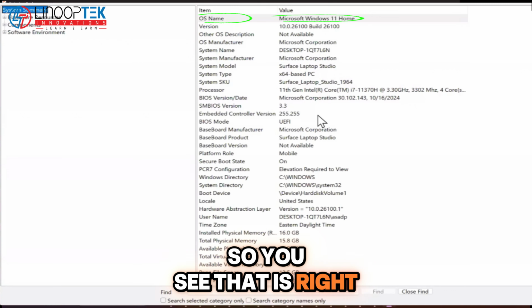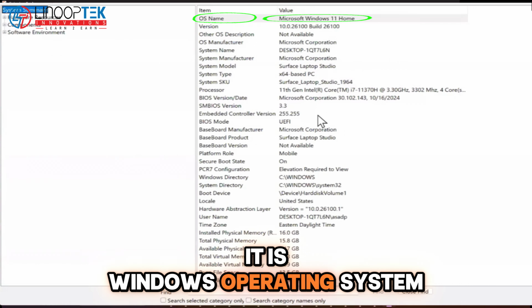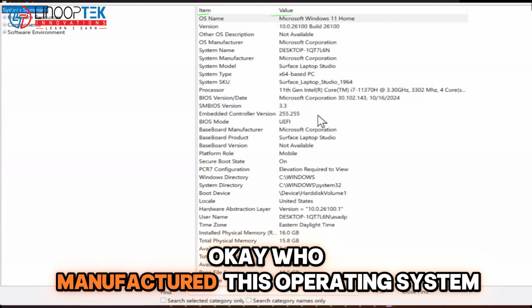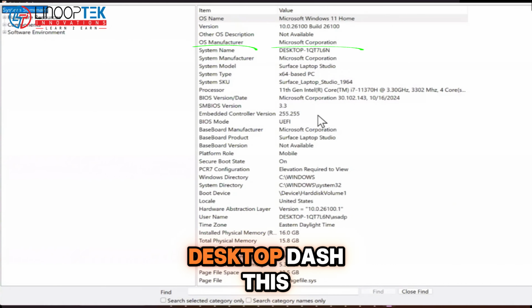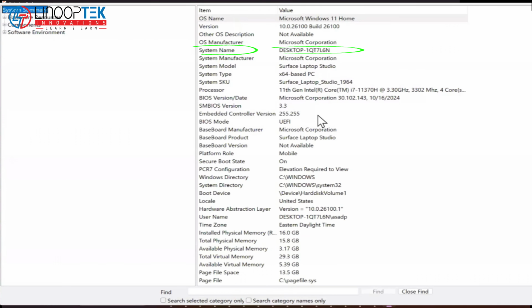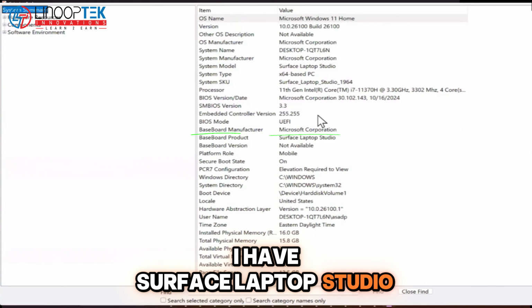The name of my operating system is Windows. Who manufactured this operating system? Microsoft Corporation. What is my system name? Desktop dash this. What is my system model? I have a Surface Laptop Studio.